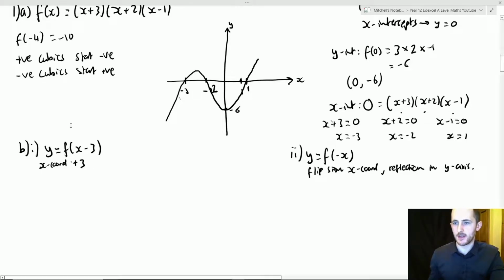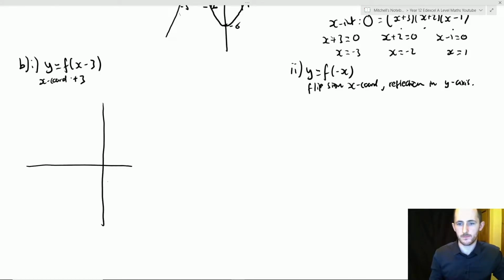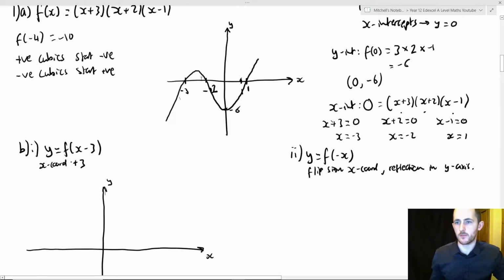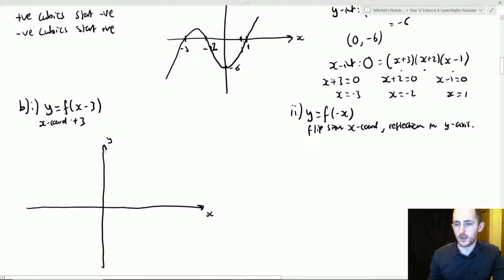So let's get started. If we start down here, we have our graph. And again, I made the right hand side slightly longer because if you notice, all of my coordinates are now going to be shifted over. And okay, so this coordinate 1 is now going to be 4. This coordinate minus 2 is now going to be 1, which I'm going to put over here.